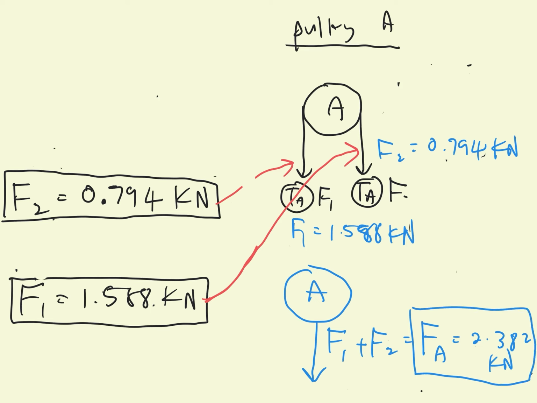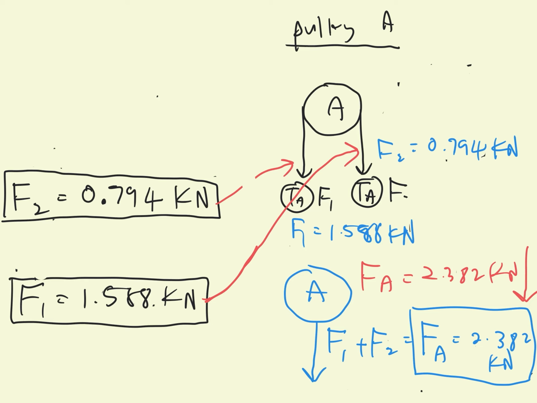Okay, so this is the total force acting at pulley A, but the force is acting on the vertical. So if I write back, the Fa force, the total force acting at pulley A, is 2.382 kilonewton acting downwards.